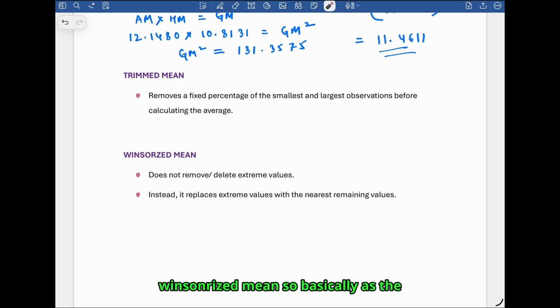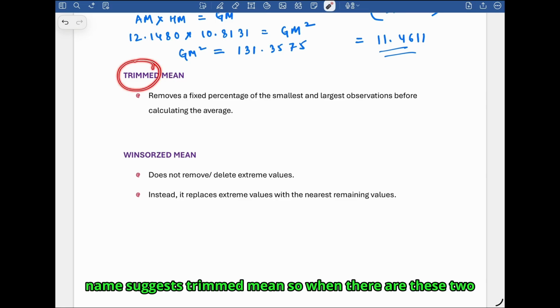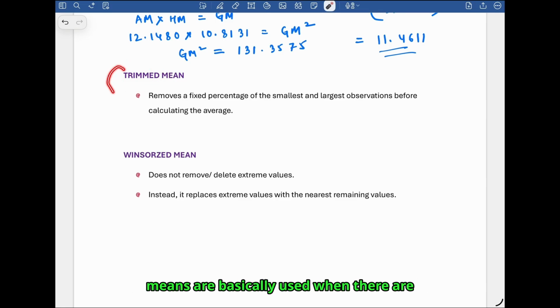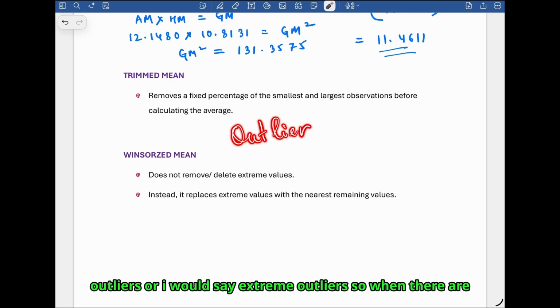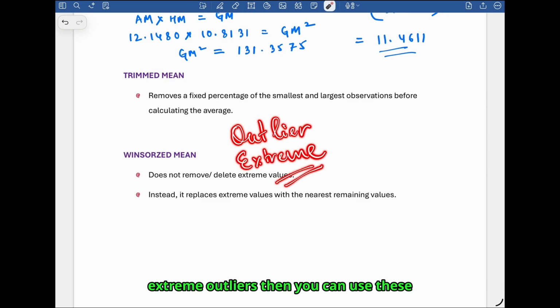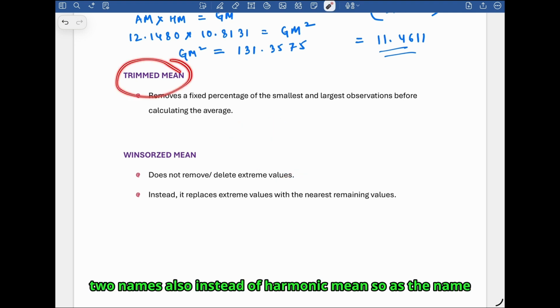These two means are basically used when there are outliers, or I would say extreme outliers. So when there are extreme outliers, then you can use these two means also instead of harmonic mean.